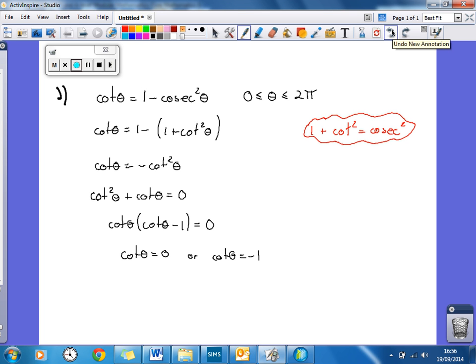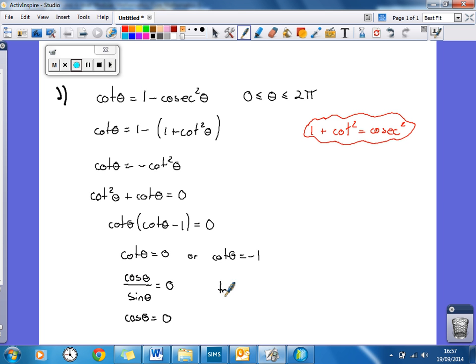Cot does go through 0. But the other way is to write it like that. For cos theta over sine theta to equal 0, then you just need cos theta to be 0, because then you've got 0 over something. It doesn't matter what that something is, it will all equal 0.